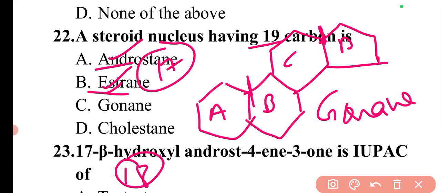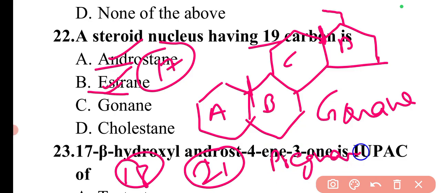Next is the 21 carbon atom. If there are 21 carbon atoms, then the D ring will have two additional carbon atoms, and this will be known as pregnane. The examples can be progesterone or corticosteroids.